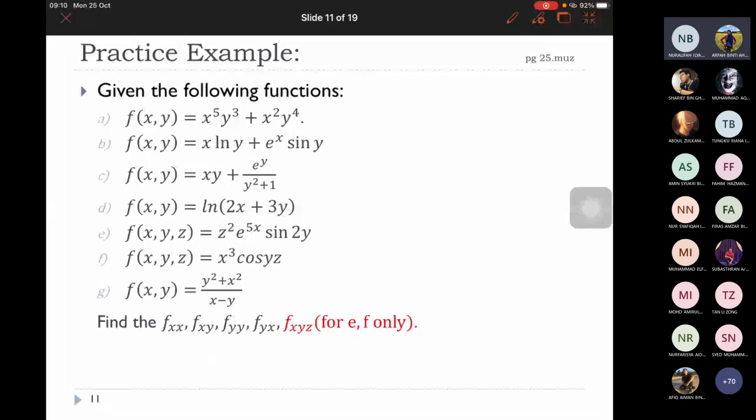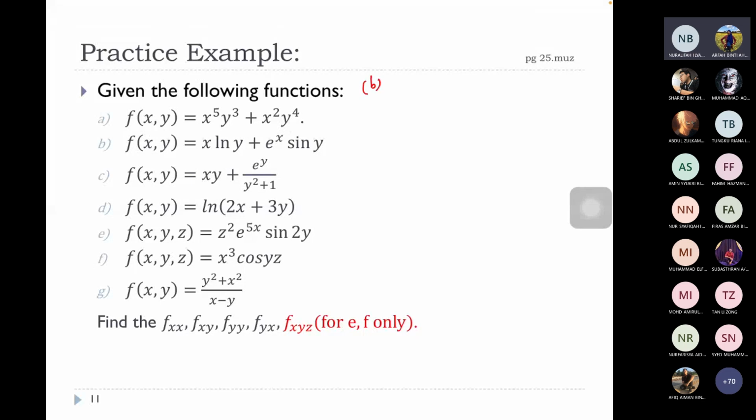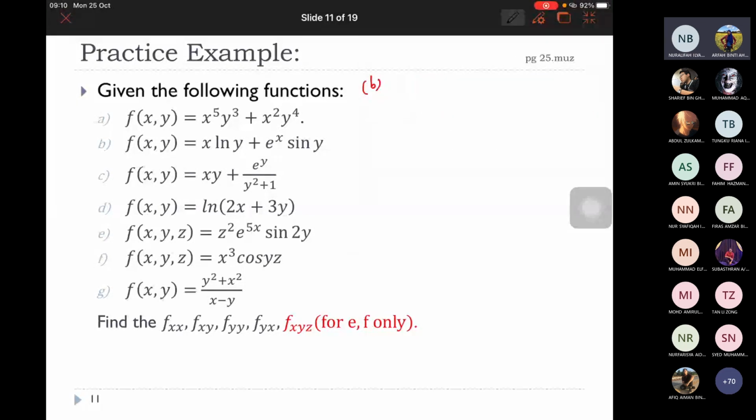Okay, soalan B. Soalan B, you have f(x,y) equal to x ln y plus exponential x sine y. Okay, so macam mana kita nak dapatkan this one fxx, partial derivative with respect to x, partial derivative with respect to xy, y dan juga yx. Saya cari the solution.